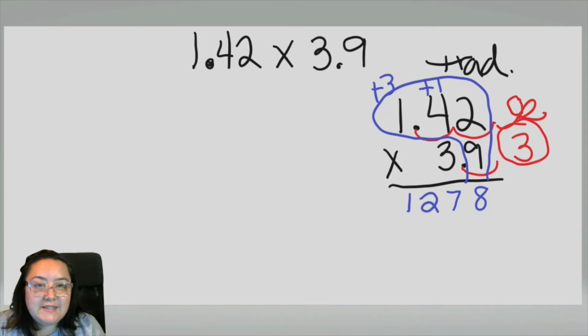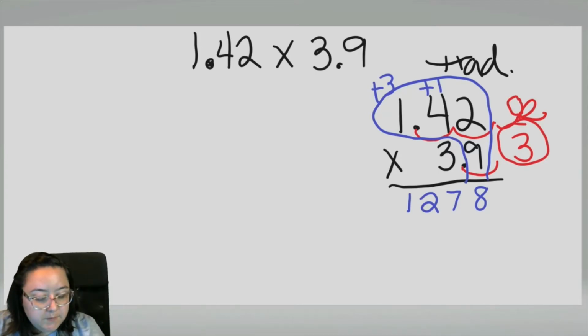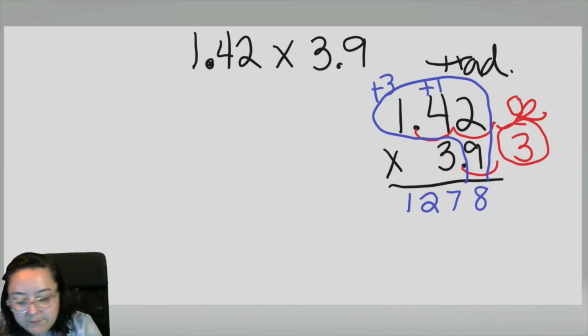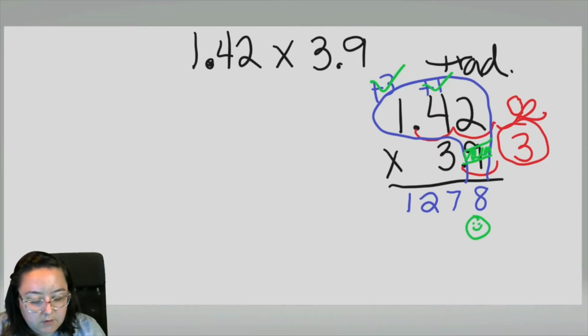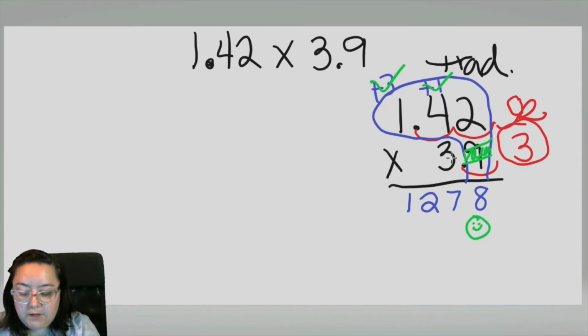Do you remember the steps from last week? Draw your collar around Myrtle the turtle's neck. Check off your numbers and lay a turtle egg. And then you are ready to go over to the next place value, which is the 3.